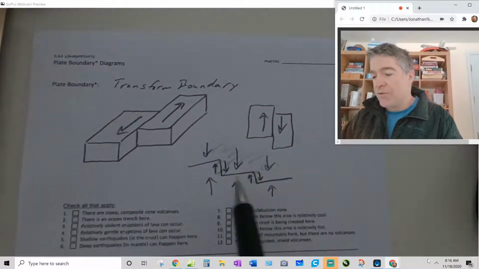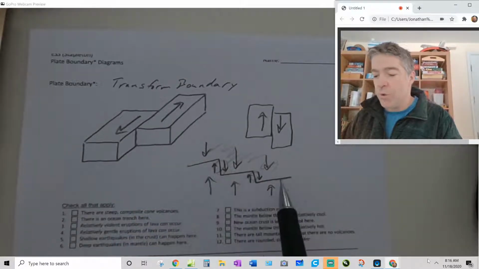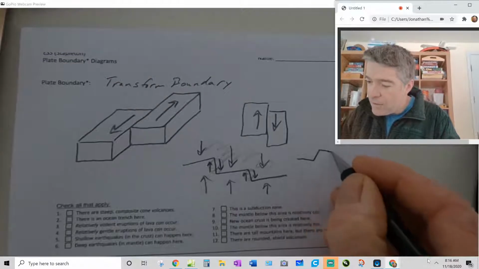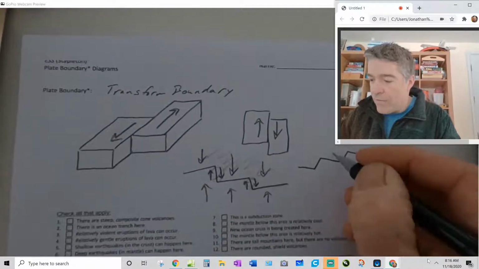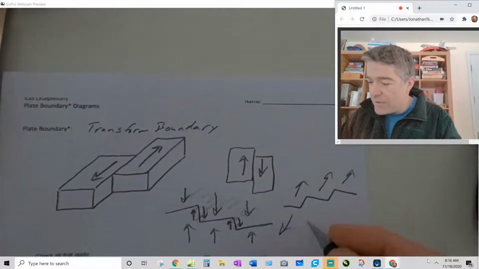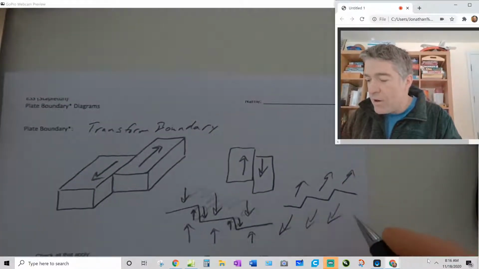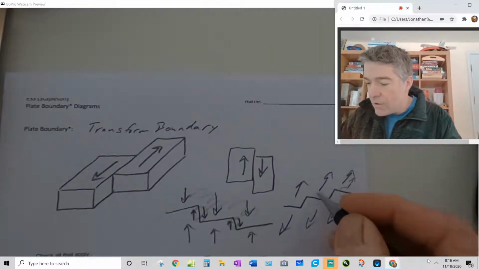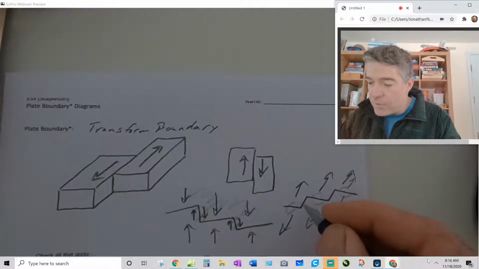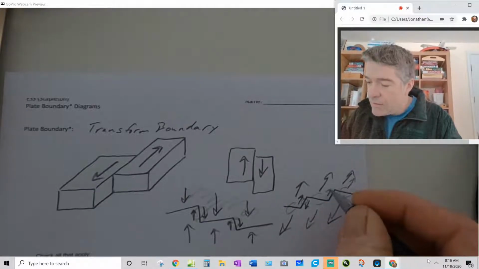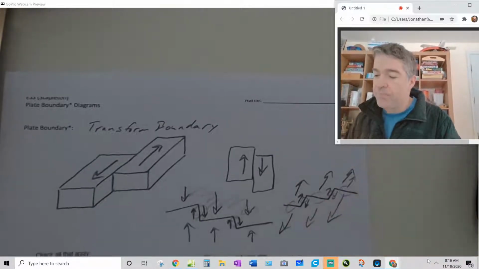So transform boundaries really happen in conjunction with convergent boundaries, or you can have the same kind of thing where we have a divergent boundary that's jagged. If we have something like this, where this is spreading apart, along here, this is divergent, and along here, that's divergent, and there it's divergent, but right here, this would be transform, and same thing right there.